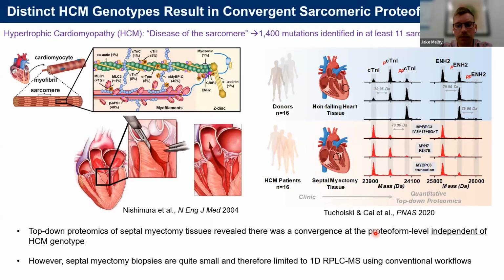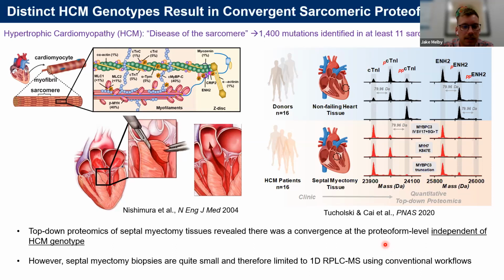So one of the projects we've undertaken previously in regards to precision medicine is studying hypertrophic cardiomyopathy, which is the disease of the sarcomere, as 1,400 mutations have been identified in at least 11 sarcomere genes. And basically what we showed very quickly is that regardless of the HCM mutation, there is a convergence at the proteoform level.